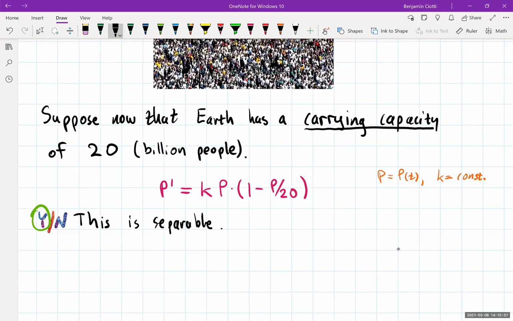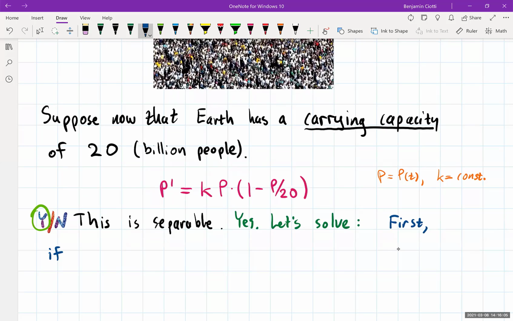Okay, so I'm going to solve this. First, I'm going to take care of the constant cases. What if the right side is 0?